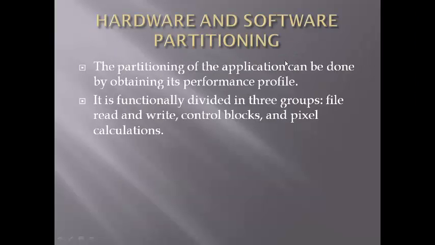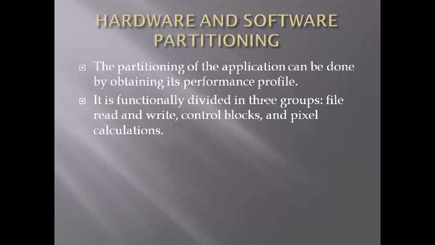Hardware and software partition. The partitioning of the application can be done once we obtain its performance profile, which can be obtained with a software tool like GPROF. Here, the performance profile is functionally divided into three groups: file read and write, control blocks, and pixel calculation.